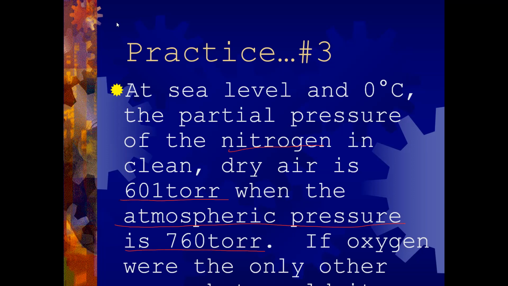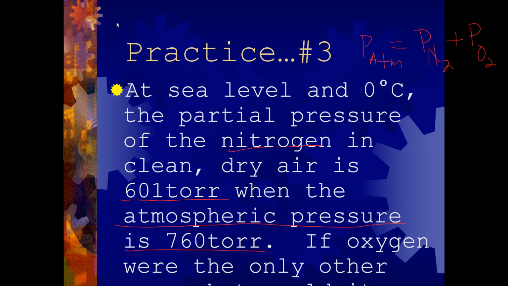So it says if oxygen is the only other gas, what pressure does it exert? Well, that's easy. You just say the P total, right? So the atmosphere pressure, P atm, is going to be the pressure exerted by the nitrogen plus the pressure exerted by the oxygen.